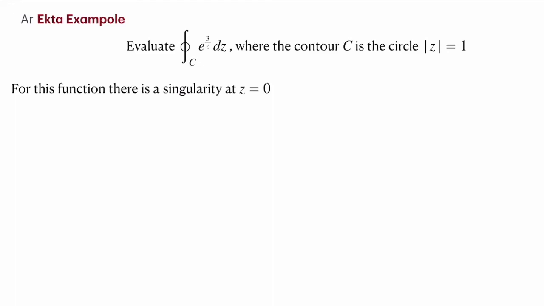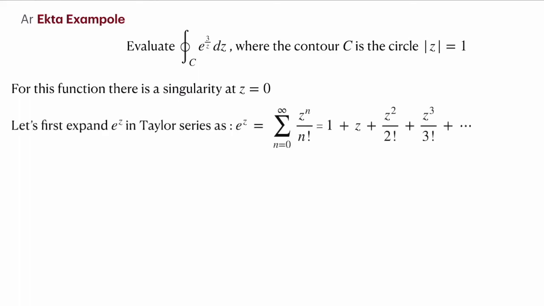So first we have to expand this in terms of a series. This seems rather difficult to do for e power 1 by z. So instead we take the Taylor expansion for the function f of z equal to e power z, which can be written as the sum over n going from 0 to infinity of z to the power n by n factorial, or 1 plus z plus z square by 2 factorial plus z cube by 3 factorial and so on.